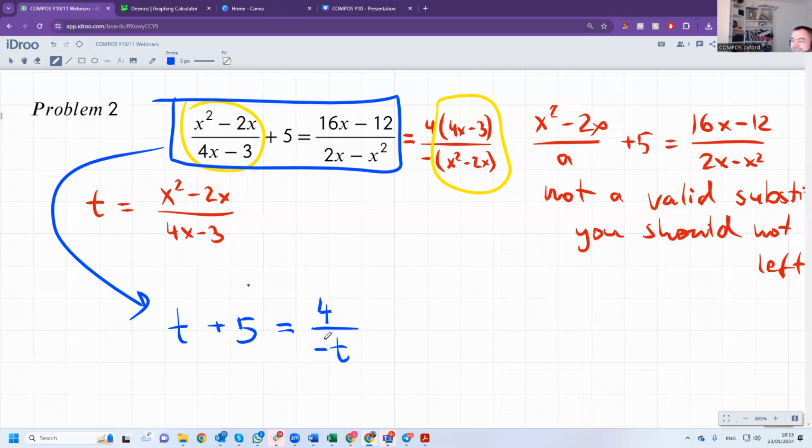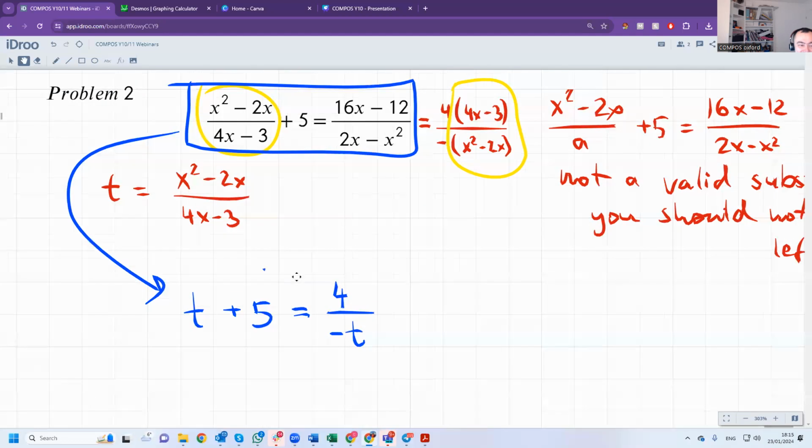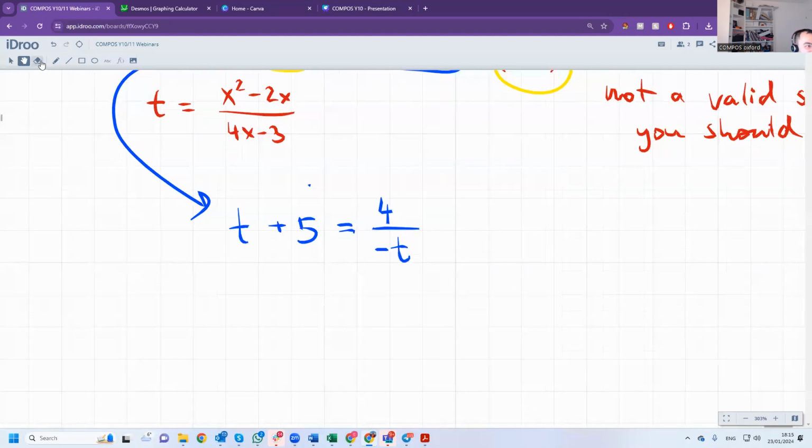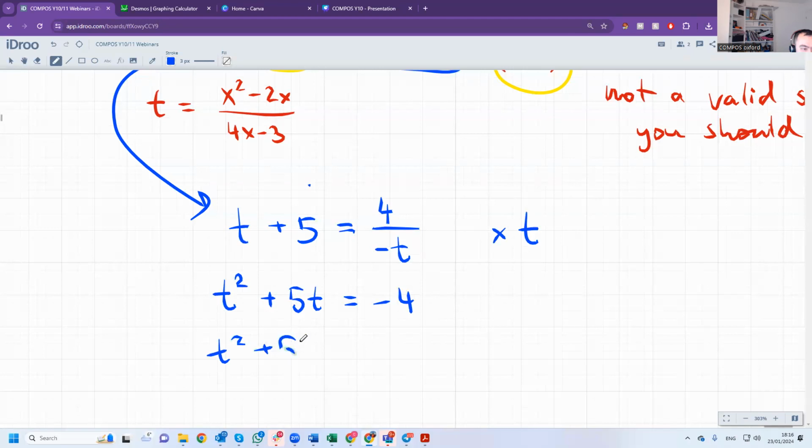Yes, minus. Yes, you're almost right. Yes, now you have this equation. Now you multiply everything by t, and you get t squared plus 5t equals minus 4. So t squared plus 5t plus 4 equals 0.